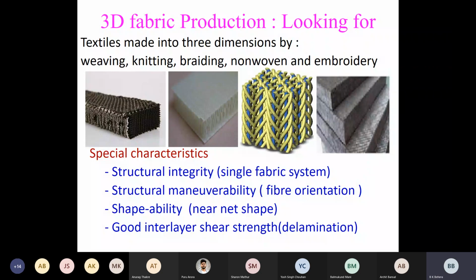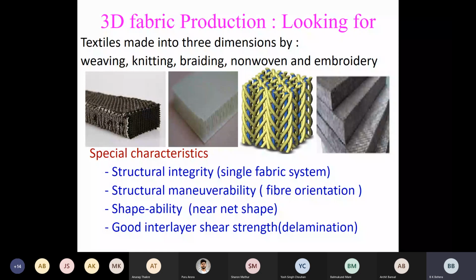You take 2D fabric, go for layering, go for stitching, and its composite processing is also a multi-step process. It is labor consuming and time consuming. Whereas the meaning of near net shape, that is called shapeability, is that if you want to produce a 3D fabric of a definite structure or shape, the fabric can be woven on the loom as it is.